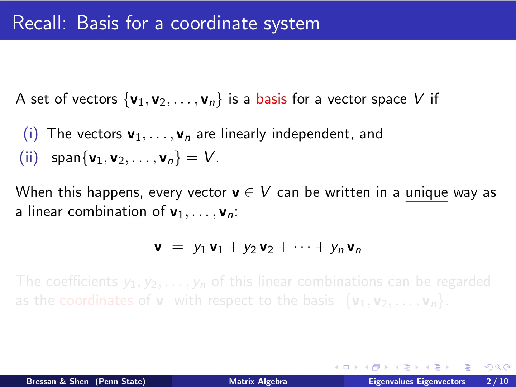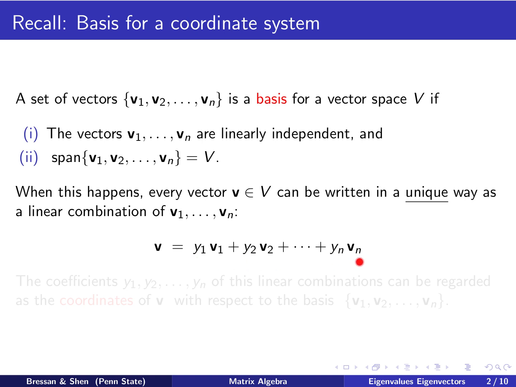And when this happens, then if you pick any vector in the vector space, let's call it vector boldface v, this means that every vector v in the space can be written in a unique way as a linear combination of the bases. So specifically, v can be written as y1 v1 plus y2 v2 all the way to plus yn vn, where these y's are just numbers.